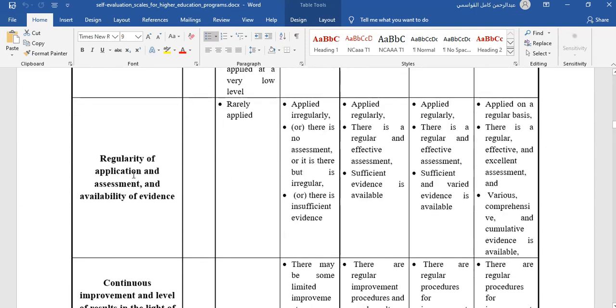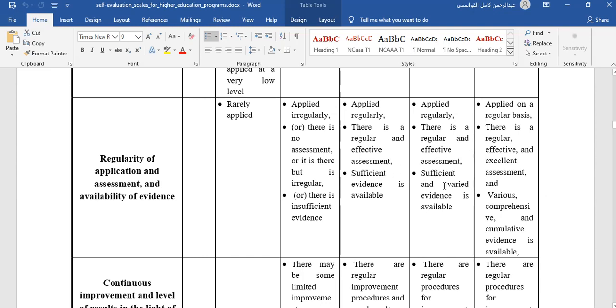About regularity of application, as you see, applied regularly, applied on a regular basis. There is a regular and effective assessment. So we have different assessment methods here.